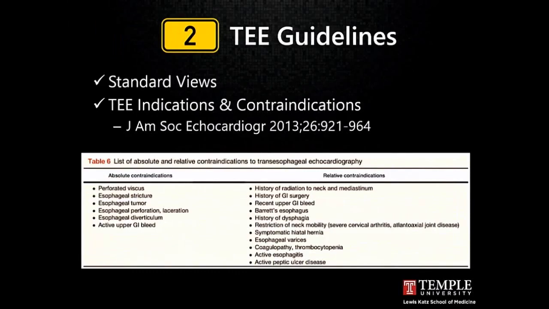The other is the TEE guideline, an excellent document by Dr. Hahn and colleagues, Dr. Lang as well. It really standardizes the views by transesophageal echo, gives you very standardized views with the standard cardiac anatomy, including moving video clips, as well as the indications, contraindications, how you prep patients, and what the important medication and anesthesia issues are. It lists absolute and relative contraindications, as I've shown here as a sample of how important some of the key figures out of this document are.